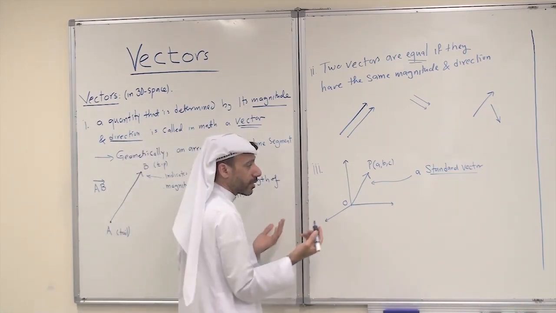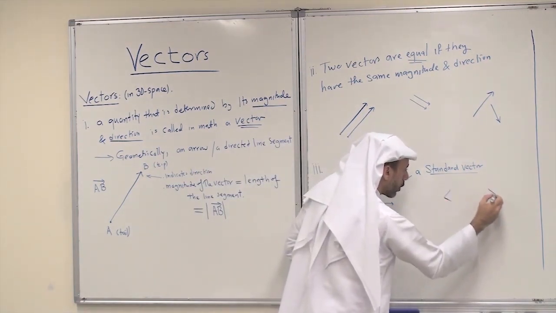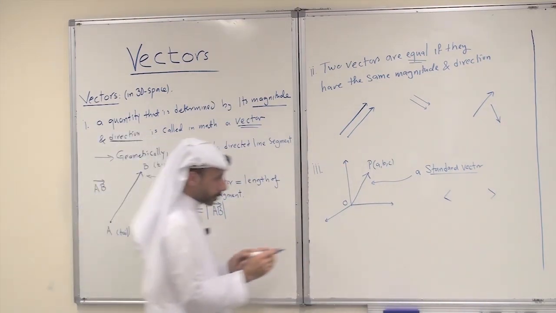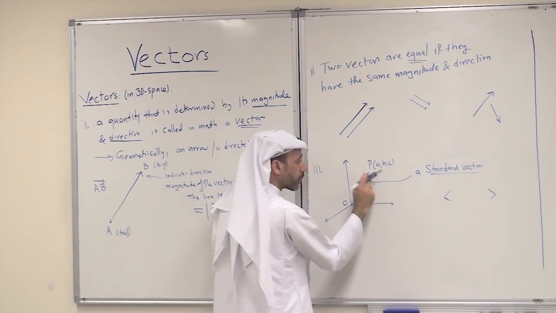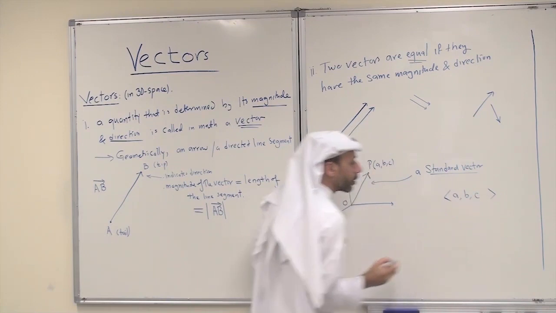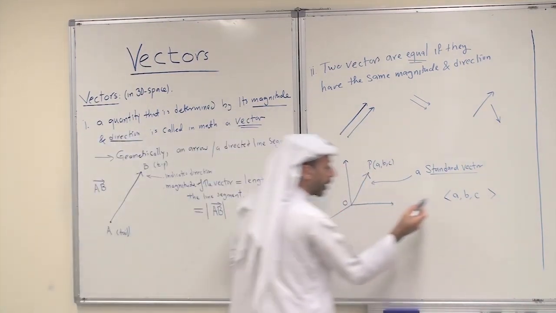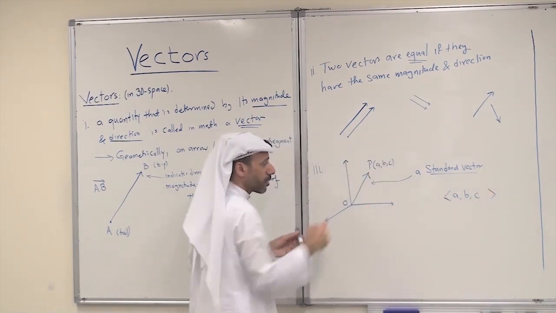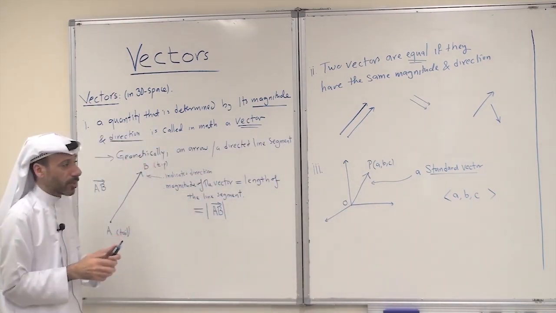It is represented algebraically, such a vector, in this manner. We put angle brackets, and we take the coordinates of the terminal point and put A, B, and C. This is the notation we use for a standard vector. Notice the brackets here: the brackets indicate a vector, but the parentheses indicate a point.